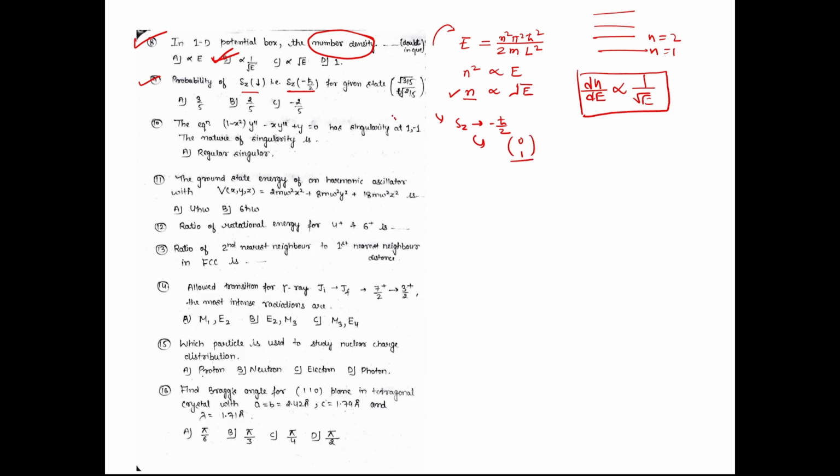Now we have to find the probability for this state, so let's take it as phi, and it is ket psi, this is ket phi. So the probability will be the mod square of the inner product of phi and psi. Okay, this is the probability.